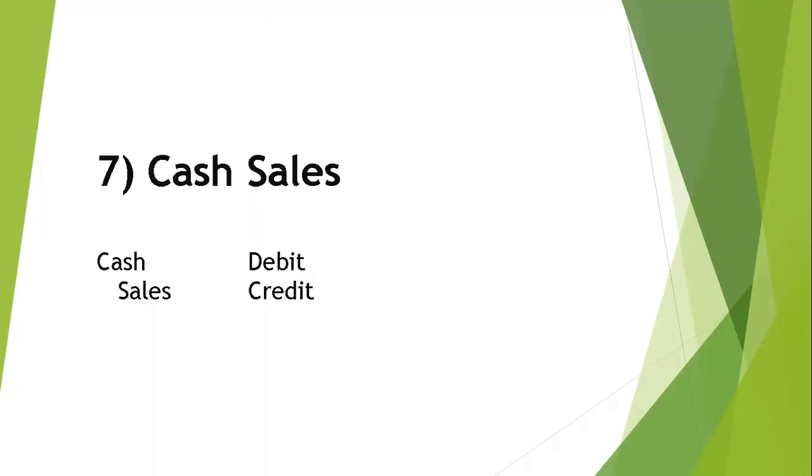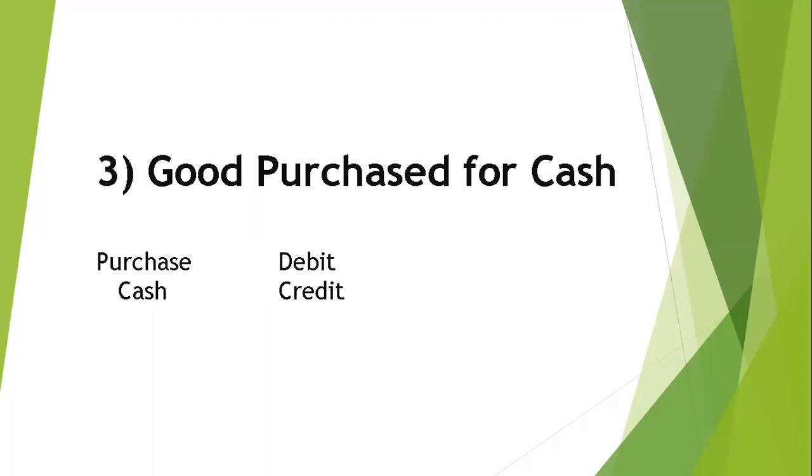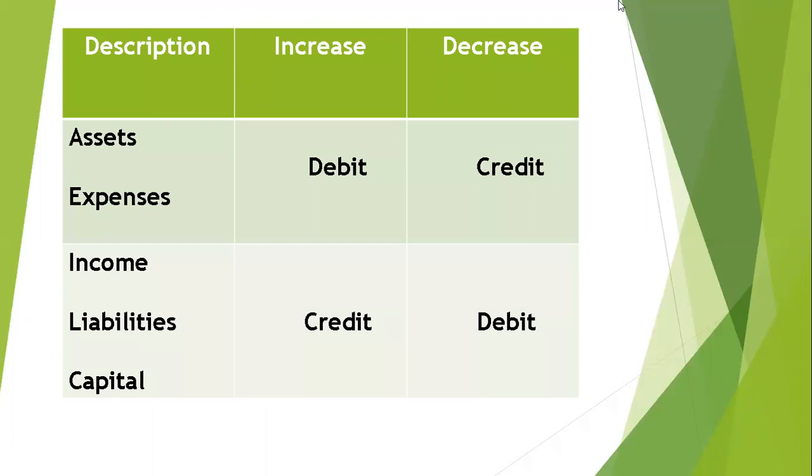In this case, we already know sales is an income. So let's go to the chart. According to the chart, when there is a sale, the asset will increase. That means I will gain the cash.